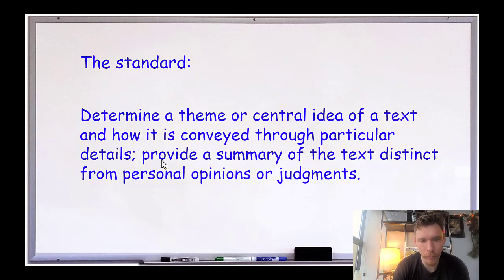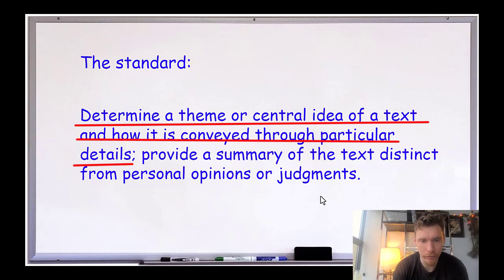So for example, provide a summary of the text. That is a related skill, but it is distinct from determining theme or central idea. So if we are going to teach the standard, we would have to teach the first part and then teach the second part. And in today's video, we are only going to focus on the language before the semicolon.